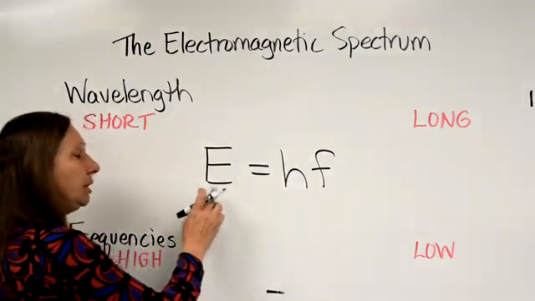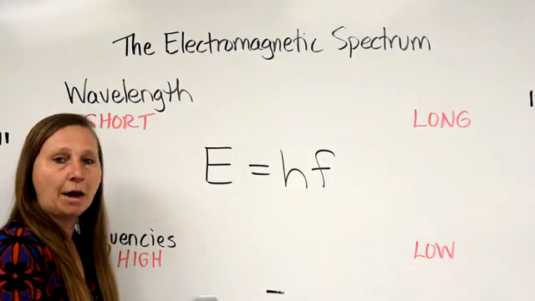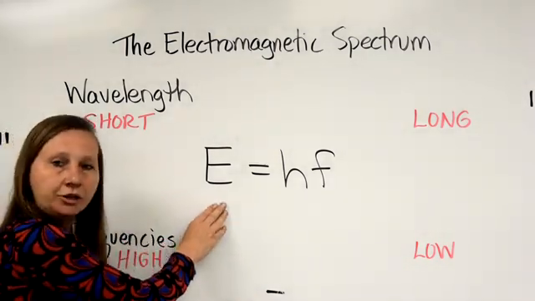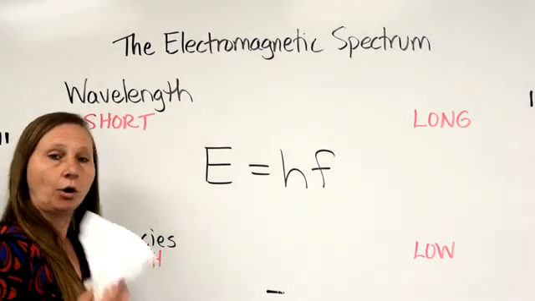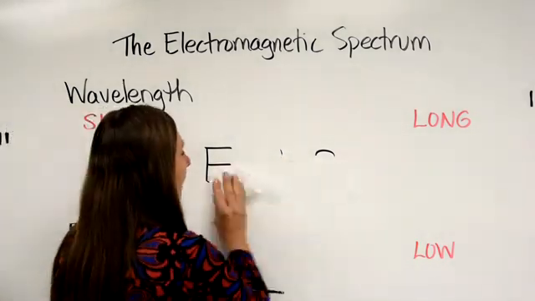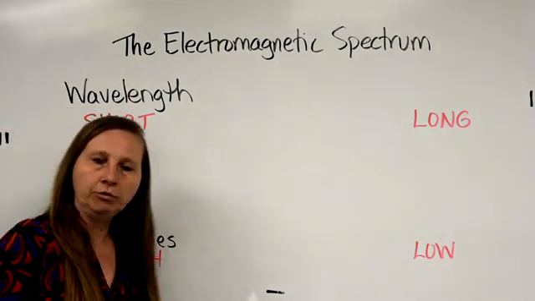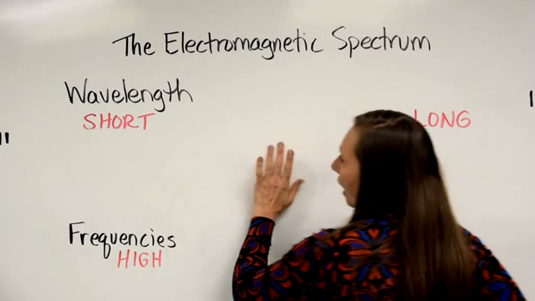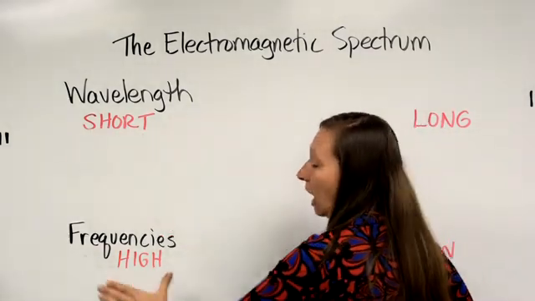Because high frequency means high energy, so when it strikes objects, it tends to damage them. High frequency light tends to break molecules apart, tends to cause burns, and it can cause cancer. So again, generally speaking, the dangerous types of light are going to be on this side of the chart. Short wavelengths, high frequencies.